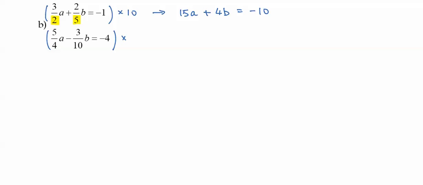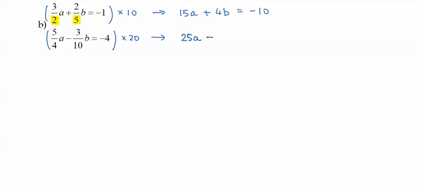Think about the lowest common denominator between 4 and 10. 20 will be the number to go with. And once again, I'm not going to multiply 20 by 5 right away. I will try to look for any common factor, like the 20 and the 5 are both divisible by 4, giving us 5 times 5 for the first term.